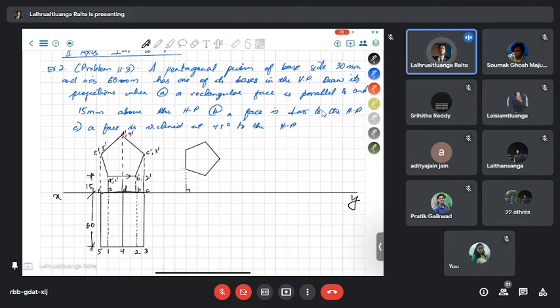All right. So when we have this, that means this is perpendicular. Let's have this as A dash, 1 dash, B dash, 2 dash, C dash, 3 dash, D dash, 4 dash, E dash, 5 dash. For the top view, we are going to have something like this.